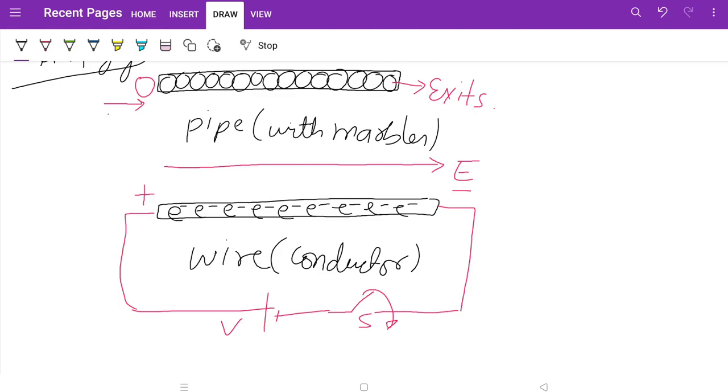Closing the switch establishes an electric field throughout the circuit very quickly. Now, electrons everywhere in the circuit feel what? The electric field almost simultaneously and begin drifting, right?